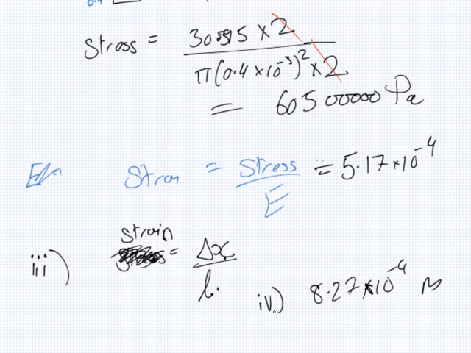Actually, that's kind of bad in that question because when they give you the 1.6, that's not the natural length. That's the length after it's extended because the weight is hanging on it. Good point. That's another mistake.